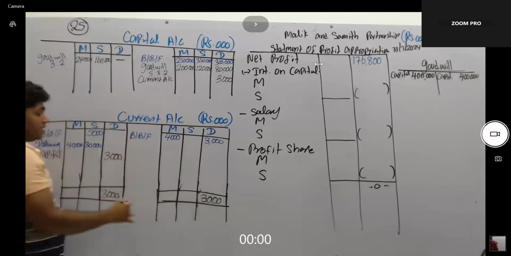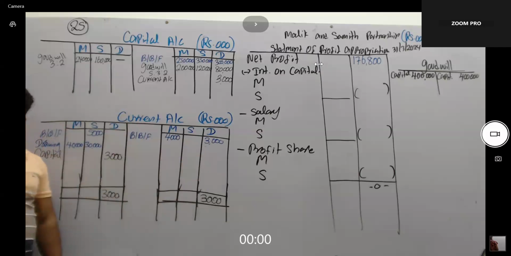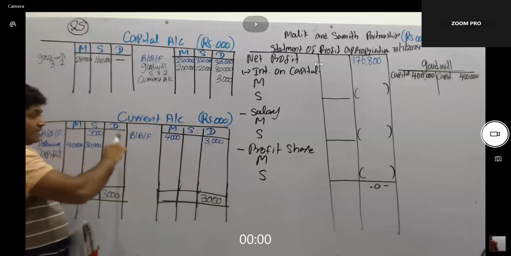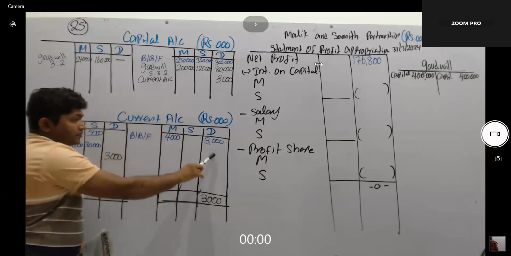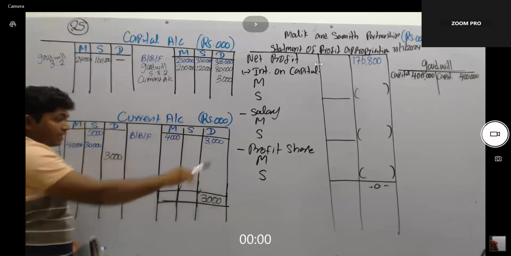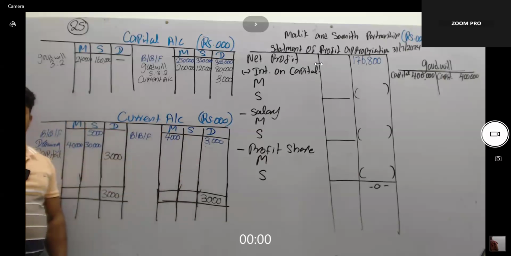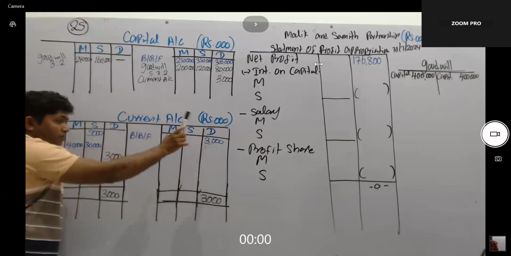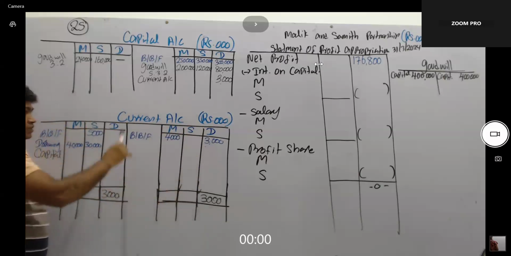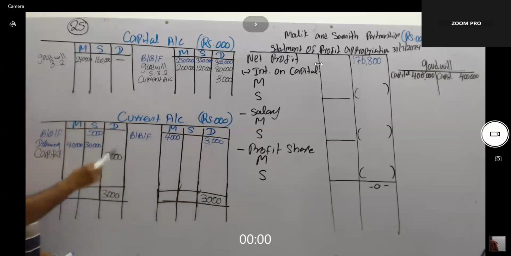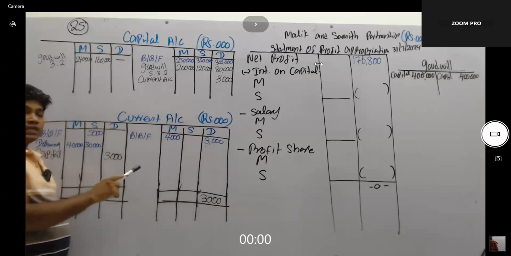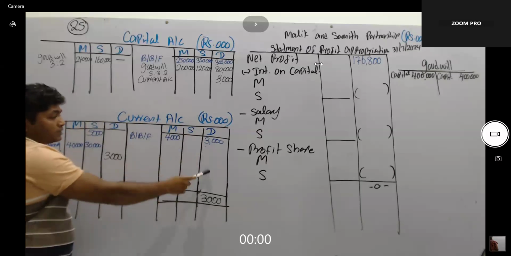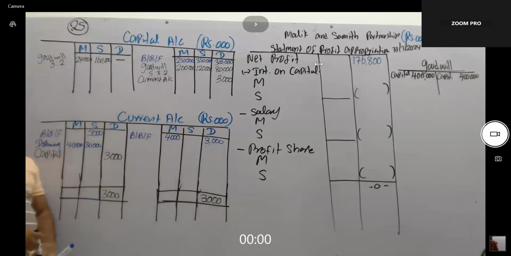But now it has been given at the beginning of the year, therefore profit is not relevant for the retired partner. The retired partner did not contribute to generating profit. Therefore, only the current account opening balance should be transferred to the capital accounts.